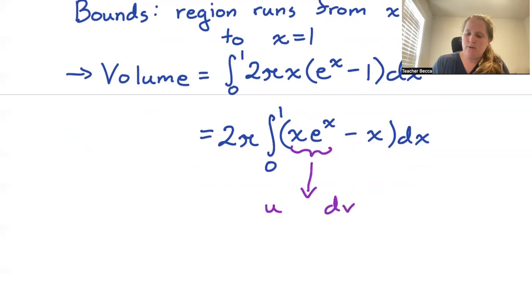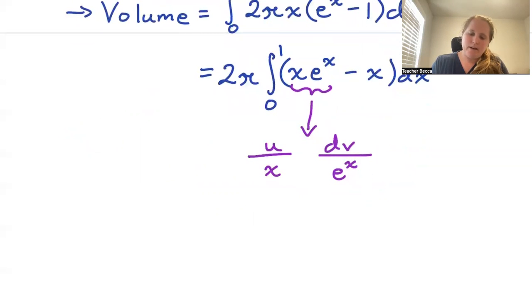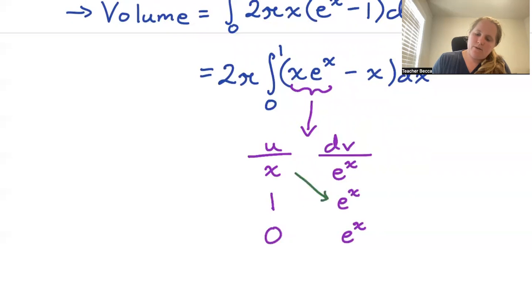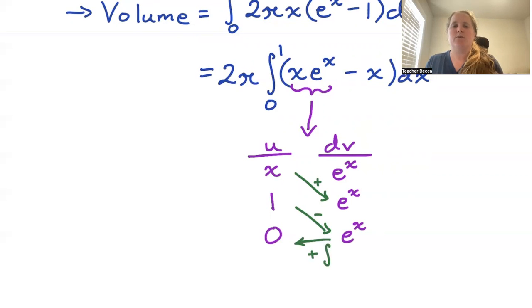So if we do our u dv, x is our u, e to the x dx is our dv. x would go to 1 and then 0. e to the x just stays e to the x. We add on the first diagonal, subtract on the second diagonal. We would technically add the integral of the end, but that's just an integral of 0.